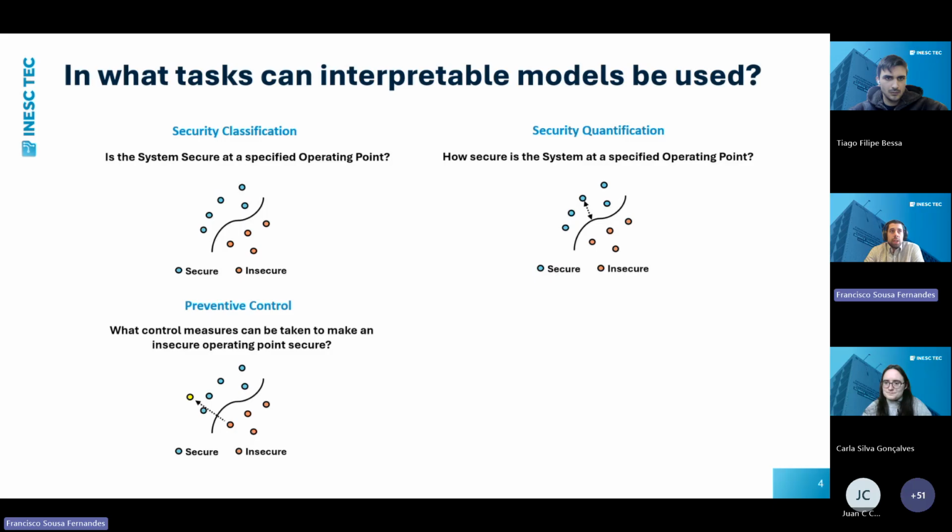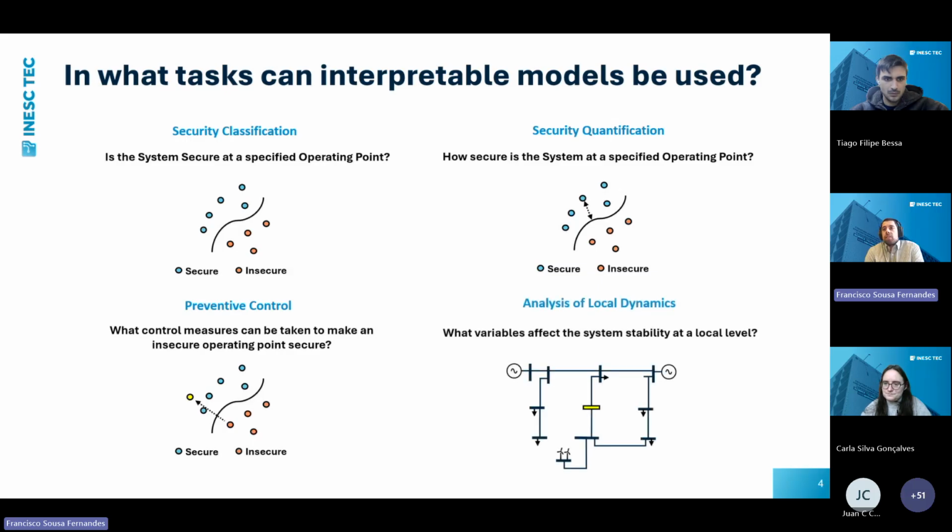For preventive control, which would be to say, okay, we have this point that is insecure, how can I perform an action that avoids this type of problem happening? And also for analysis of local dynamics, which would be to understand what are the main drivers, for instance, for certain types of instability that have a local nature, or for understanding what are the main variables that impact the local behavior of an area, of a zone.